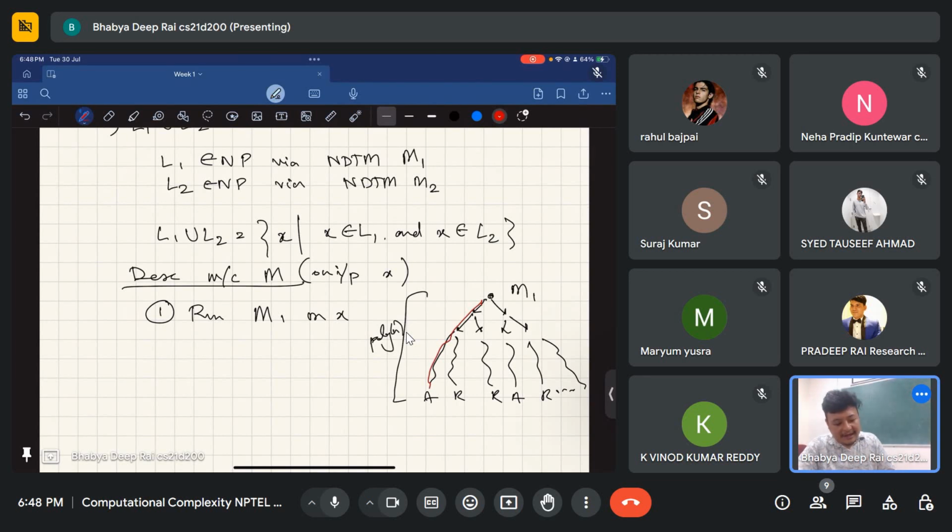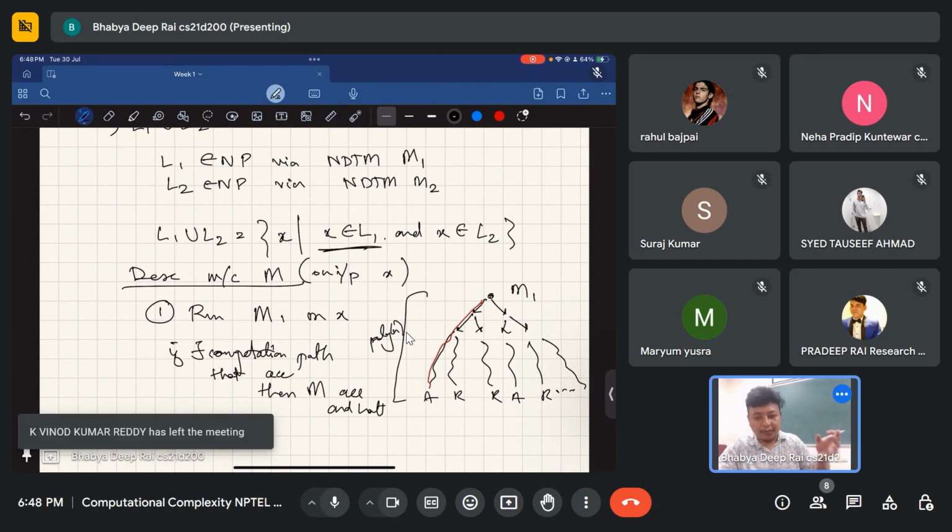If there is a non-deterministic computation path that accepts, then I simply accept. Then the entire machine M will accept and halt. Why? Because being in L1 is enough of a condition to be inside L1 union L2.